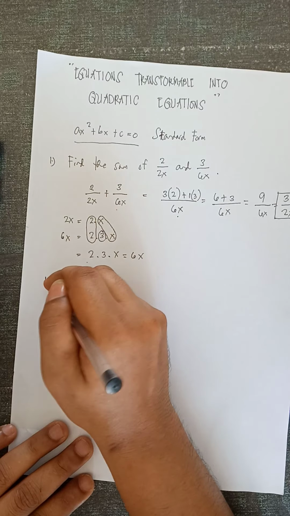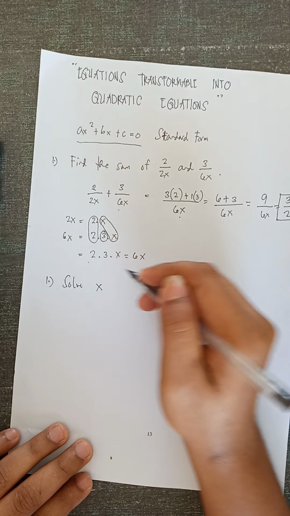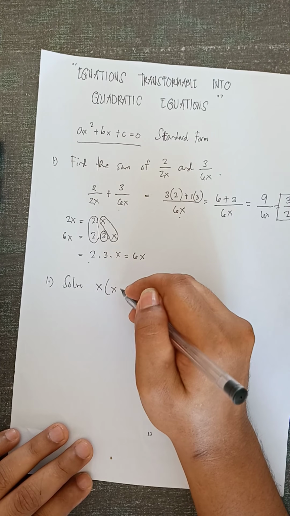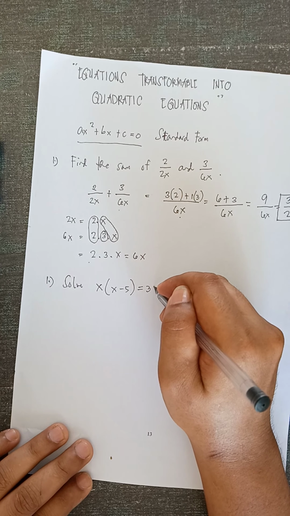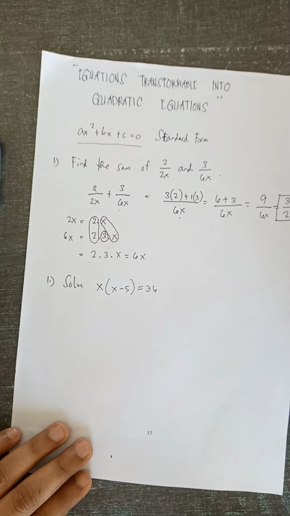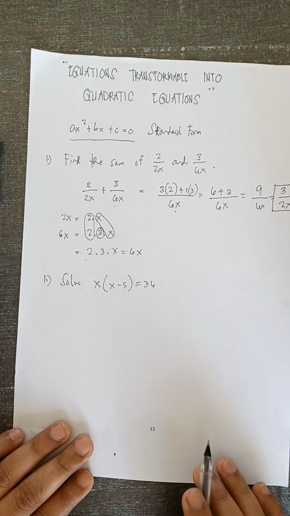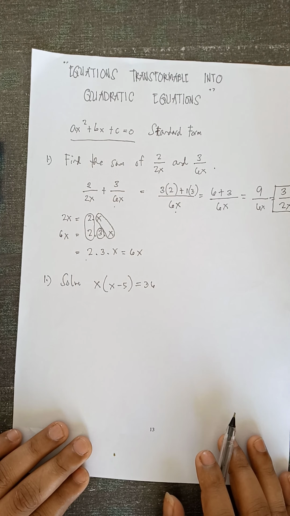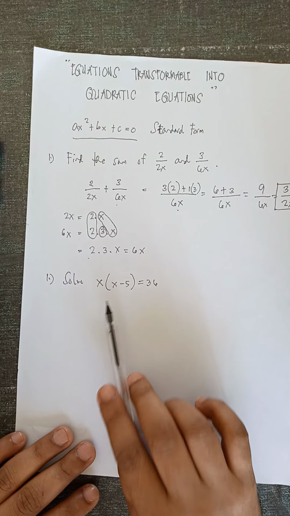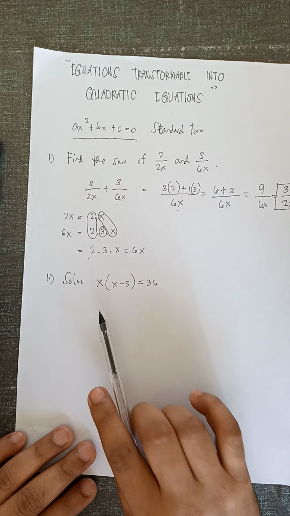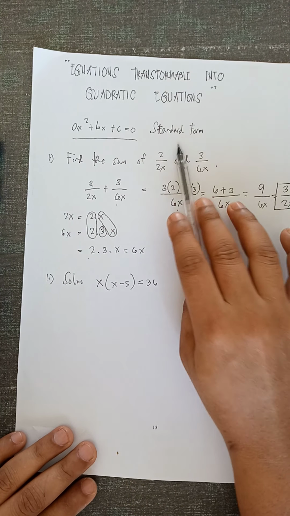So proceed to example number 1. Solve x times x minus 5 equals 36. We cannot yet get the values of x or the roots of this given equation because it is not yet simplified to its standard form.